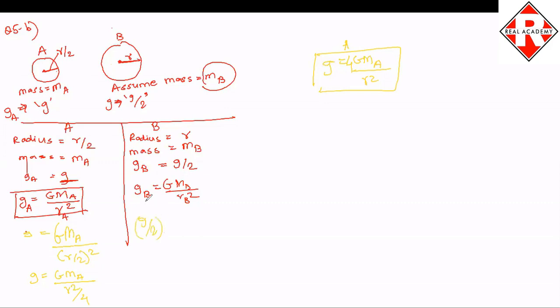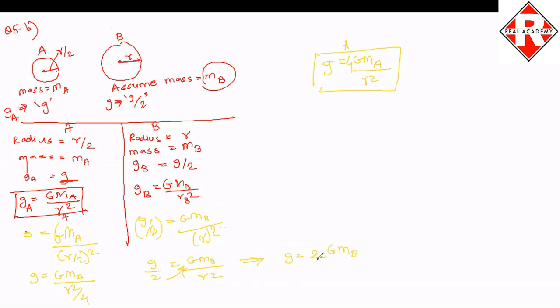What is the value for gravity? g by 2. G is the gravitational constant, mB upon R square, right? So g upon 2 is equal to G mB upon R square, right? So if I write this properly, it will be g is equal to 2 times G mB upon R square, this 2 will go over that side.